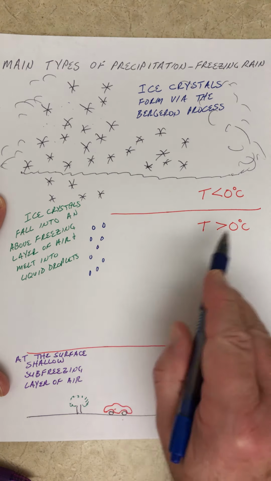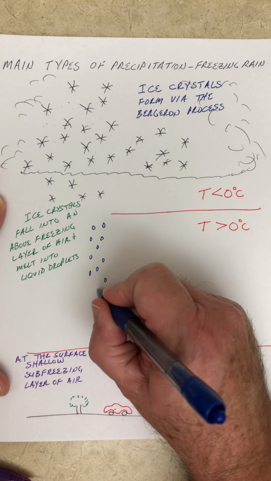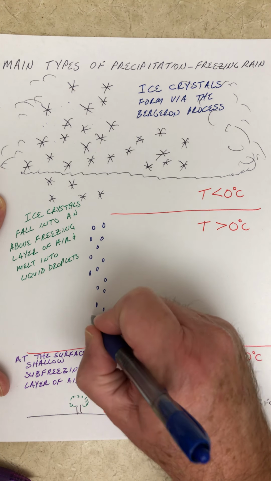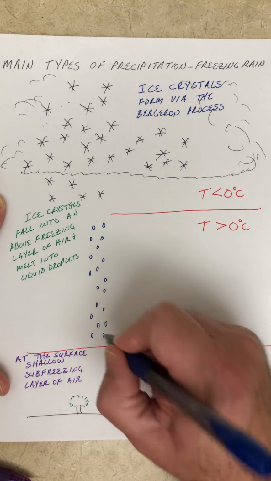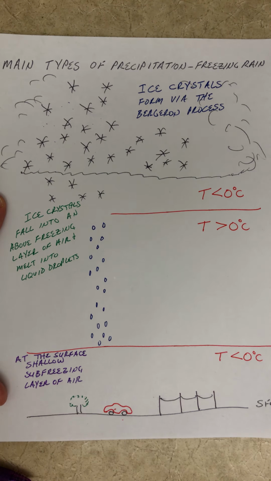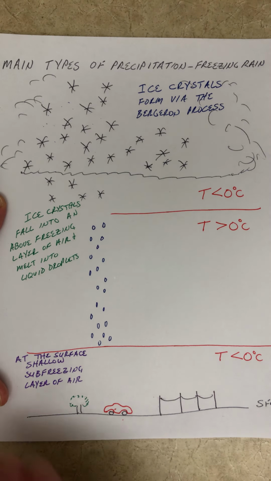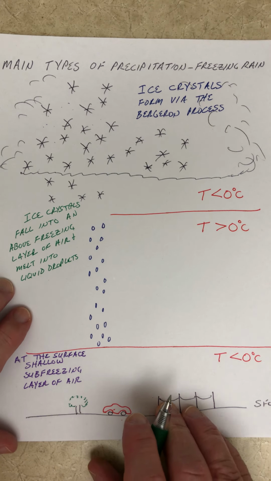They were snowflakes, fell into this above freezing layer of air. They melted into raindrops, and they continue to fall. And when they encounter this sub-freezing layer of air at the Earth's surface, the rain does not have time to refreeze.